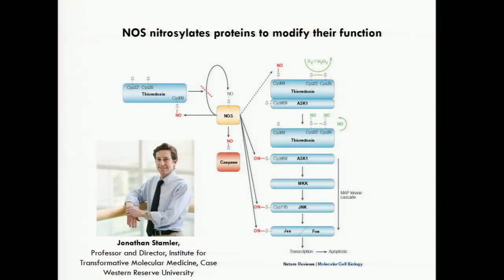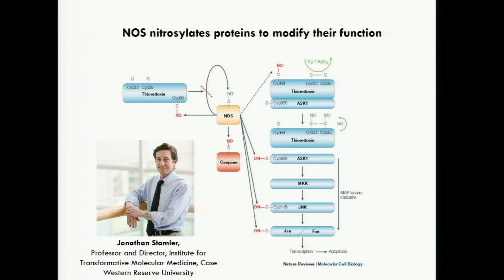So S-nitrosylation is a protein modification similar in many respects to phosphorylation. So you know, phosphorylation changes the activity of kinases. Just as there are dephosphorylases, there are denitrosylases.